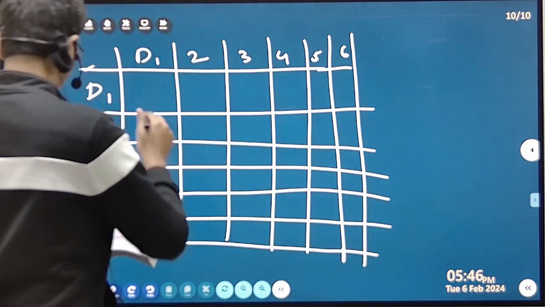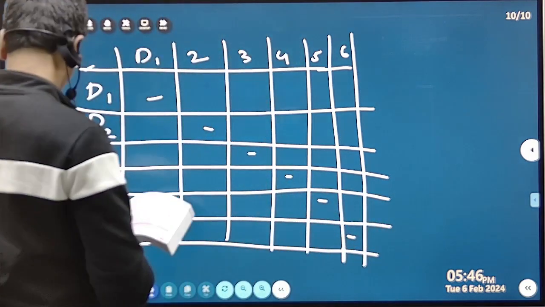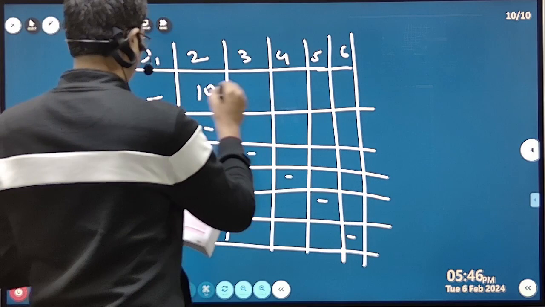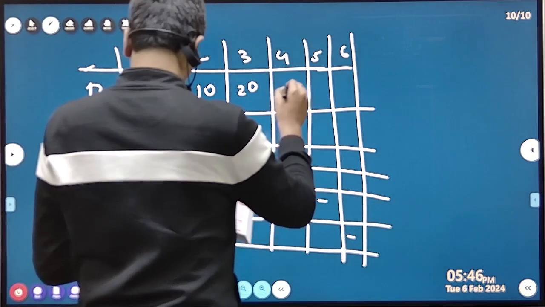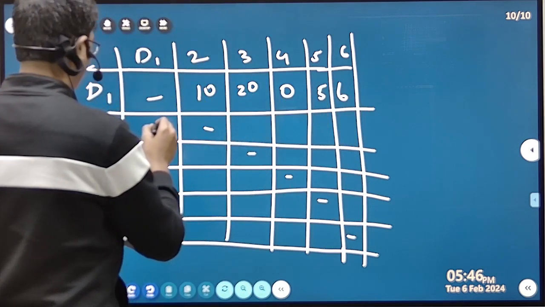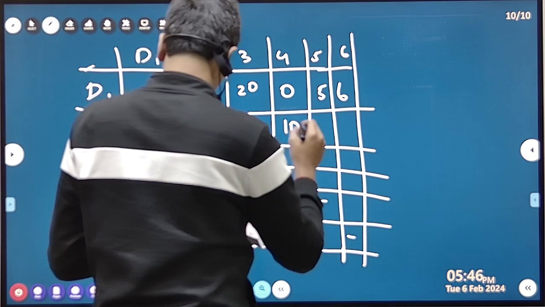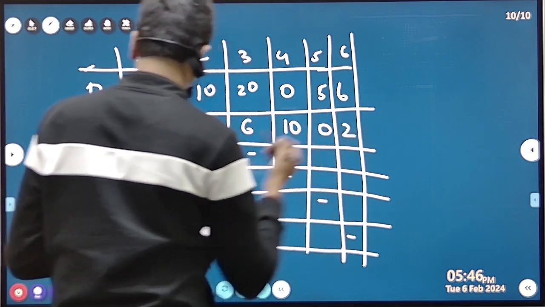Okay, so we'll just copy the table first. 10, 20, 0, 5, 6, 8, 6, 10, 0 and 2.